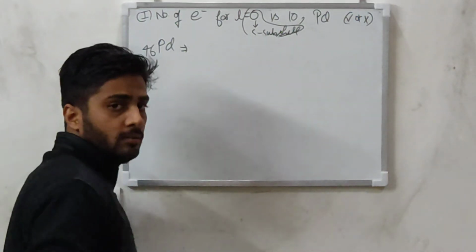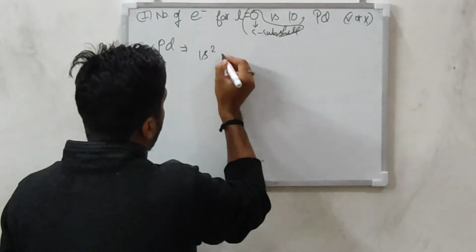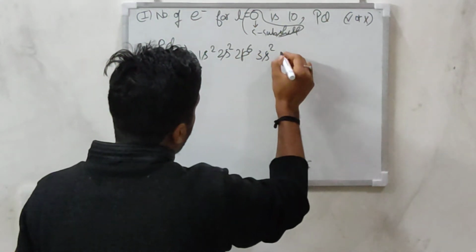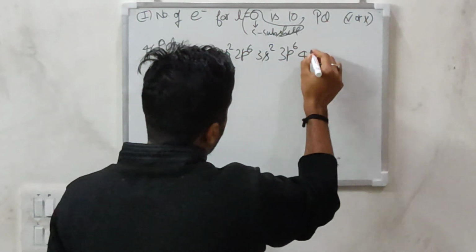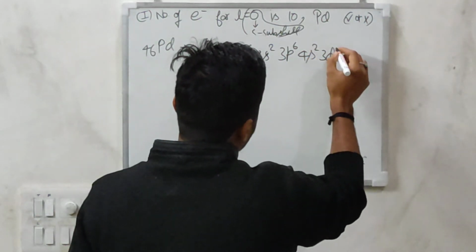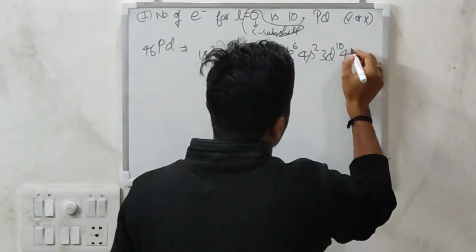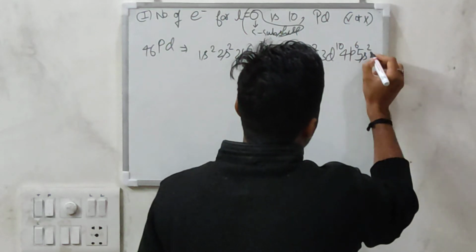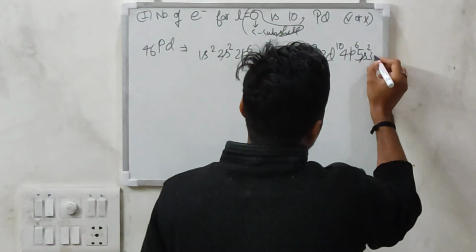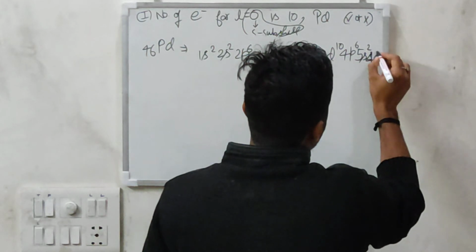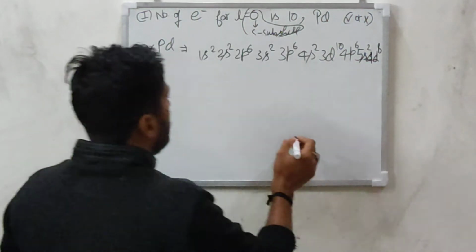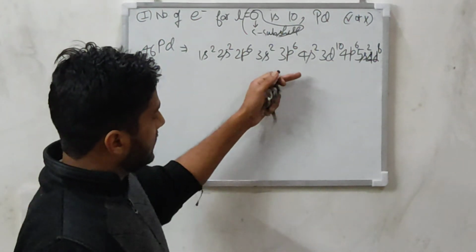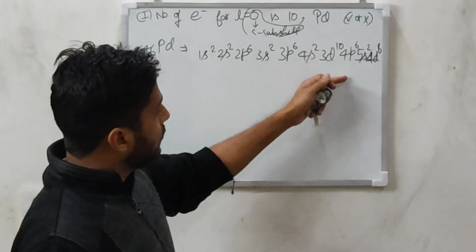So first write down the electronic configuration: 1s2, 2s2, 2p6, 3s2, 3p6, 4s2, 3d10, 4p6, 5s2 and 4d8.